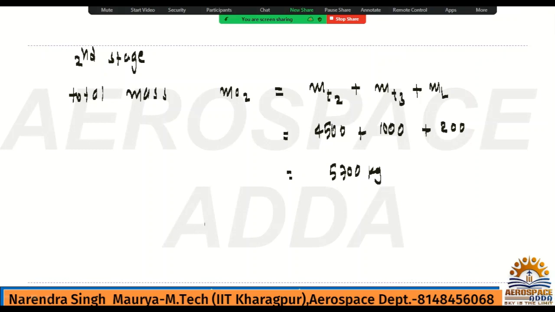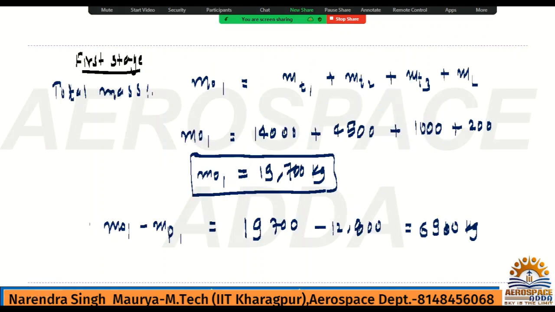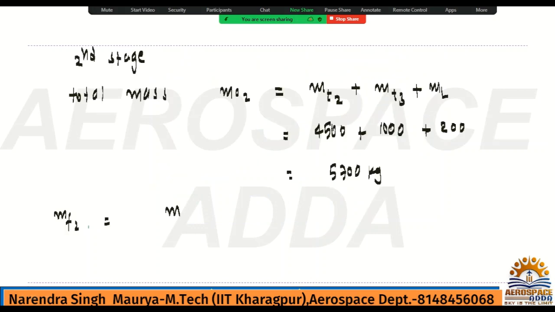Now again you will calculate MF, na? MF2. Let me write here also. This is called MF1, final mass of stage 1, so M01 minus MP1. Similarly, MF2 is M02 minus MP2. How much is it?